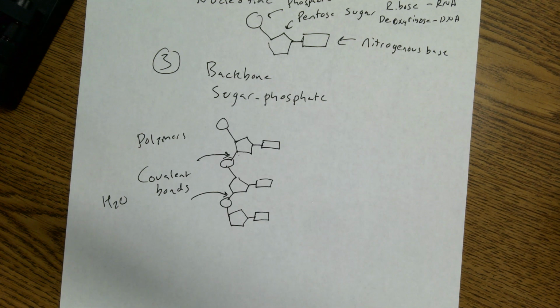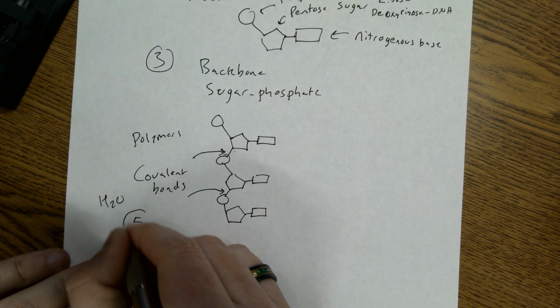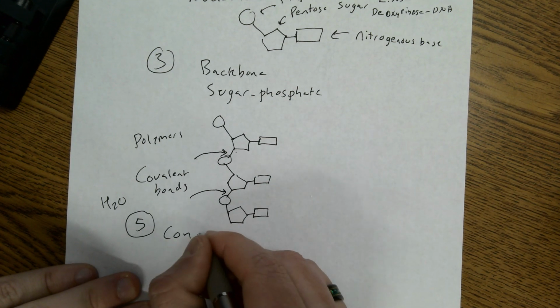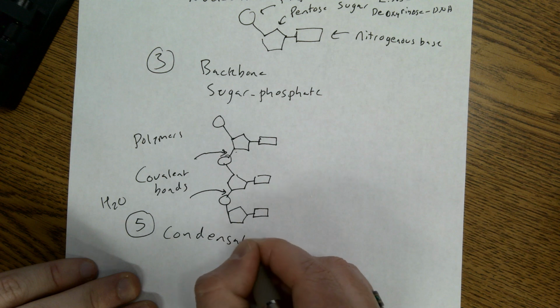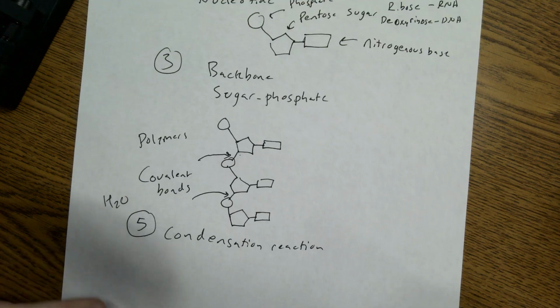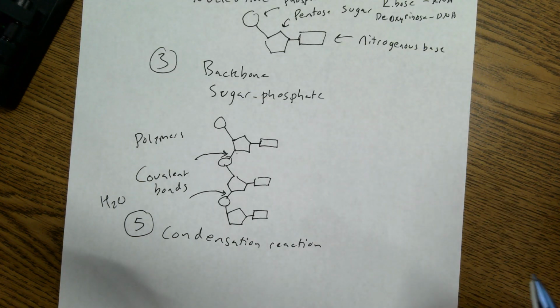It would have been a condensation reaction. Oh, and that is actually standard 5, so I'm going to write that down right here. So when we form these polymers, we do a condensation reaction. This condensation reaction releases water as we link them together to form our polymers.